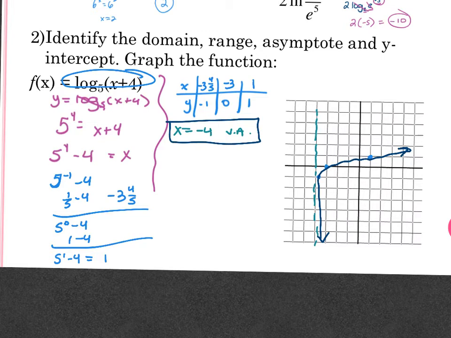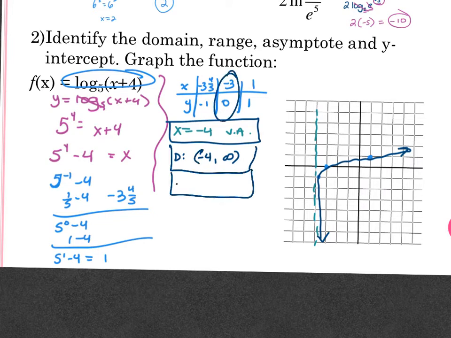What's the domain of my function? Negative 4 to positive infinity. Does the negative 4 get a bracket or a parentheses? Parentheses. And it said, what's the y-intercept? That comes from the middle of my t-chart, which is negative 3, 0.